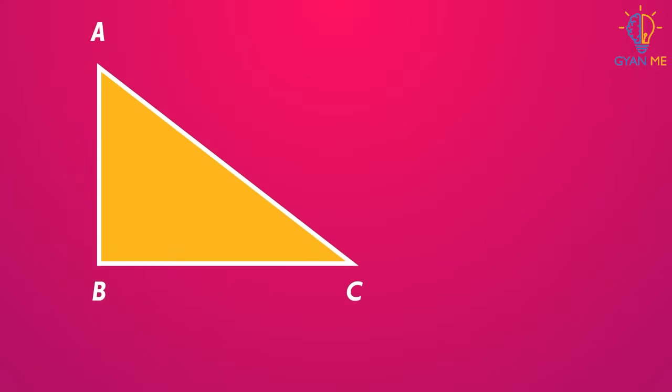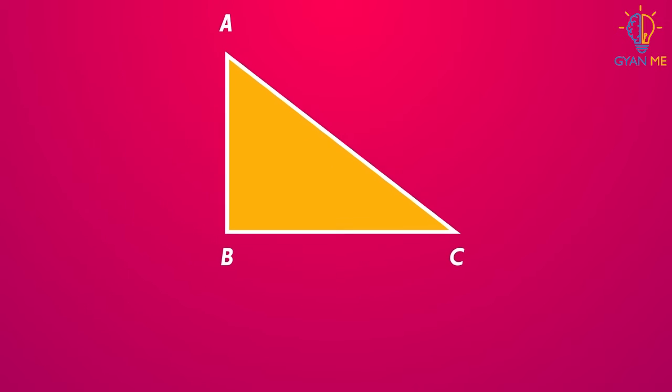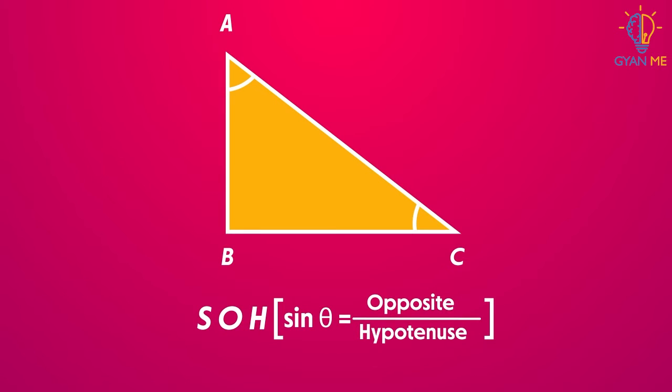Do you remember the 6 trigonometric ratios we found out for these 2 angles in a right-angled triangle? Let us see about sine of given angle. Recall that the sine of any angle is written as the ratio of the opposite side to the hypotenuse. So what are sine C and sine A?